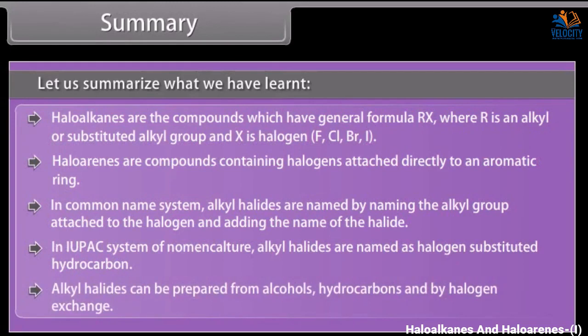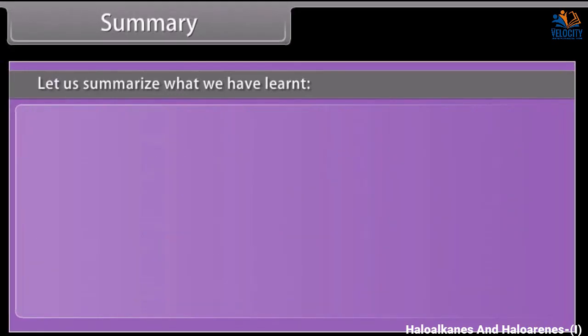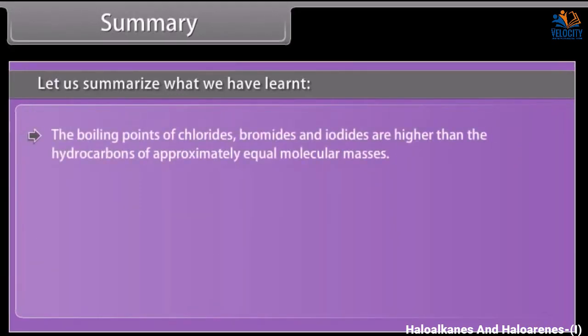Alkyl halides can be prepared from alcohols, hydrocarbons, and by halogen exchange. The boiling points of chlorides, bromides, and iodides are higher than those of hydrocarbons of approximately equal molecular masses.